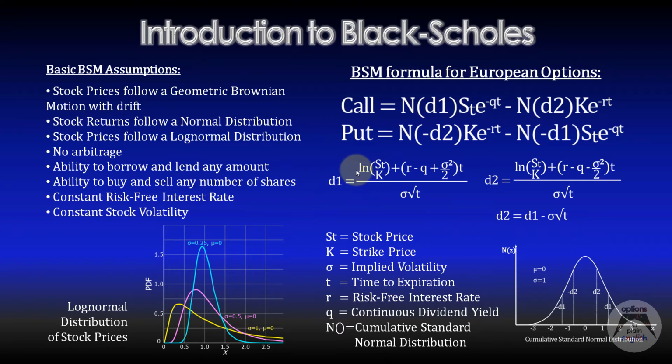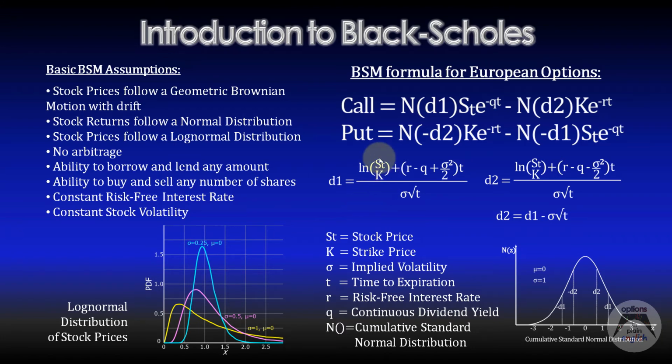So D1 is the natural logarithm of the stock price over the strike price plus the risk-free interest rate minus the dividends plus sigma square over 2 multiplied by the time, divided by sigma square root of time. Okay, so it doesn't matter whether you understand how this number is going to move, but just know that this D1 number takes into account where the price is in relation to the strike price.